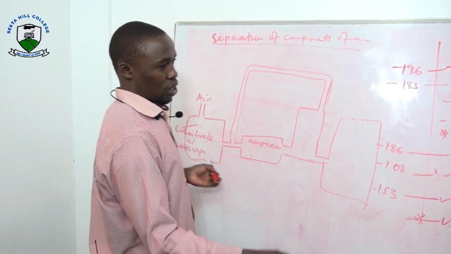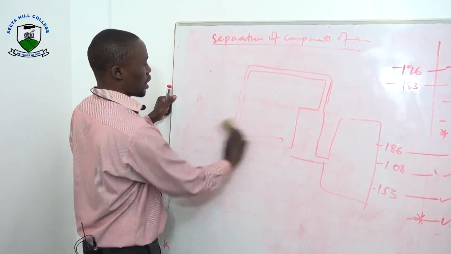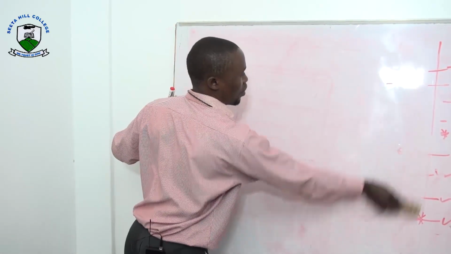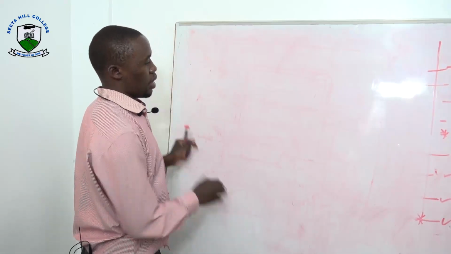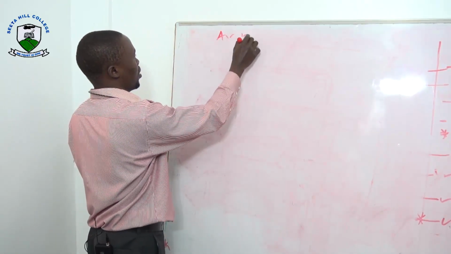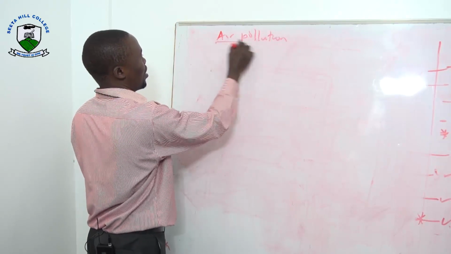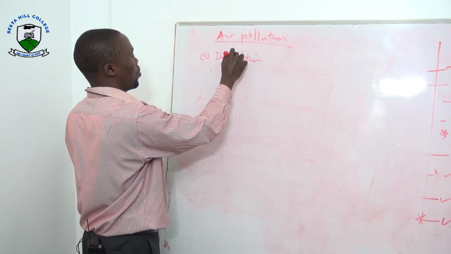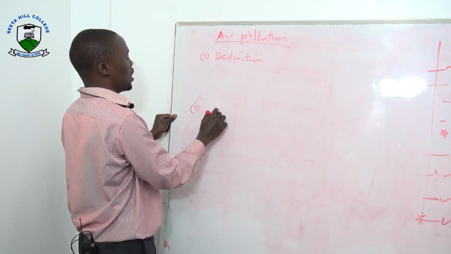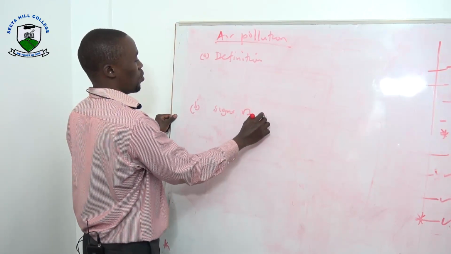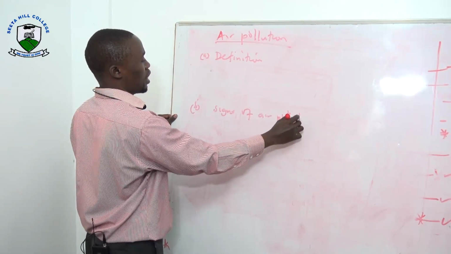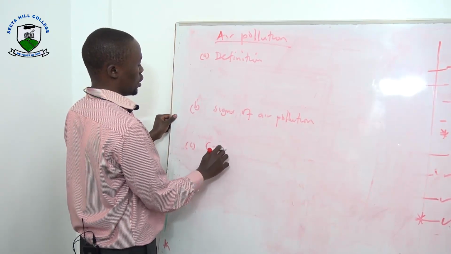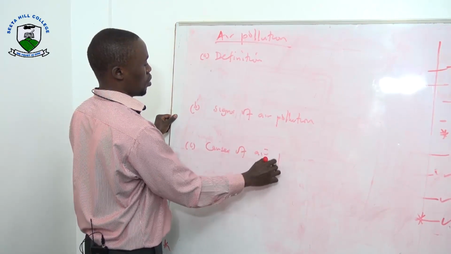Okay, leaving that section alone, let us turn to air pollution. Under here we are going to define it. Definition of air pollution, signs of air pollution, what shows that air is polluted. Then we look at causes of air pollution.